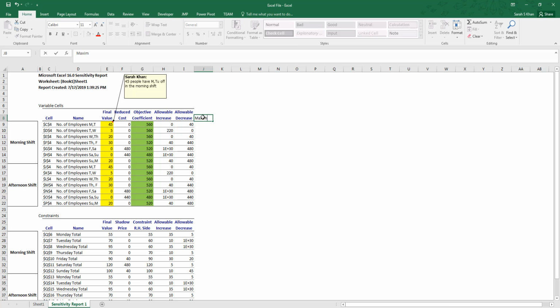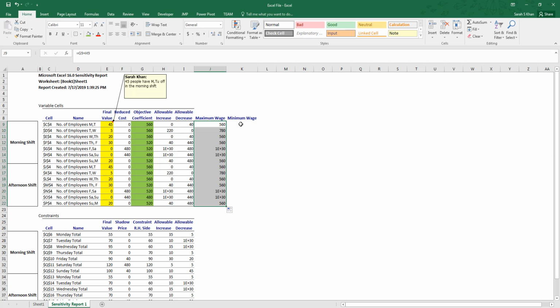So I'm going to calculate my maximum wage and my minimum wage using the allowable increase and allowable decrease. My maximum wage is going to be simply the objective coefficient plus my allowable increase, which comes to 560.